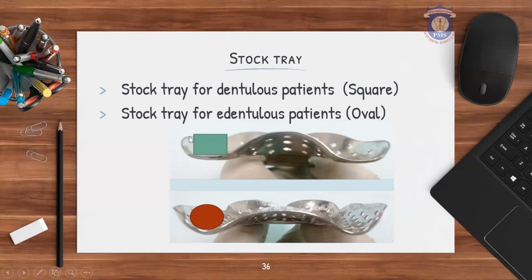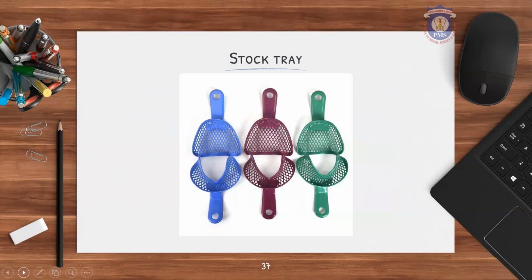There is the square shaped one. And stock trays for edentulous patients have short flanges, and they are oval and have a narrow floor. So that is for edentulous patients, that is oval shaped. So these are the stock trays for dentulous and edentulous patients.